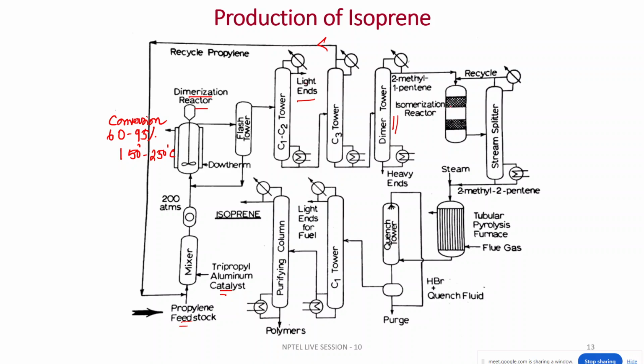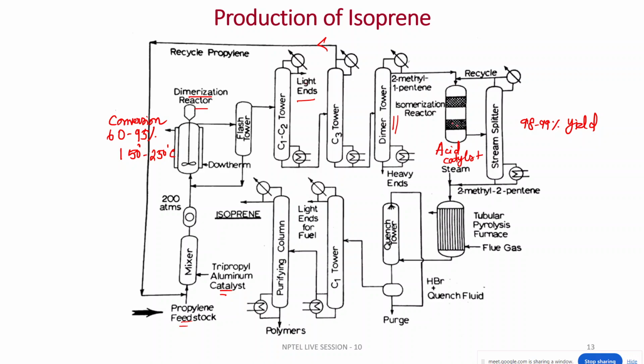The isomerization reactor is a packed bed reactor, where we use some acid catalyst. After the reaction, the product is sent to the stream splitter, where we are getting around 90 to 99% yield.